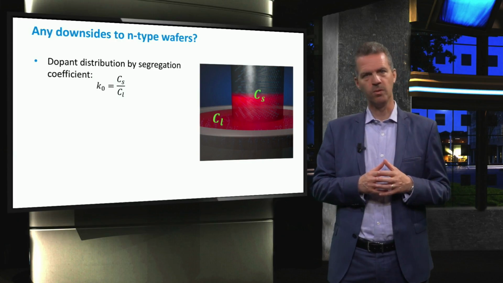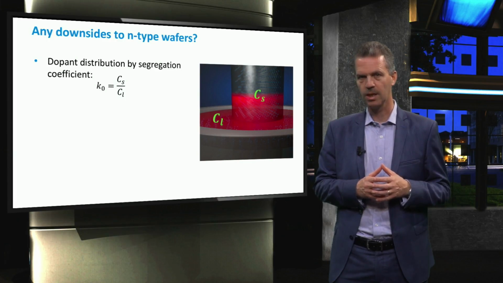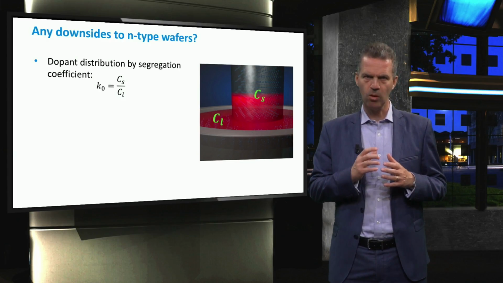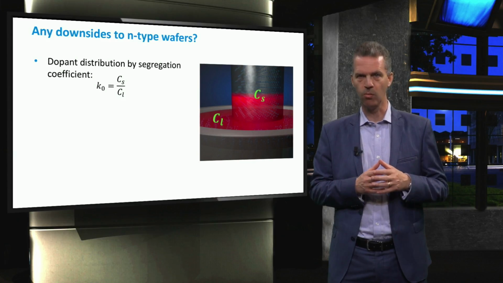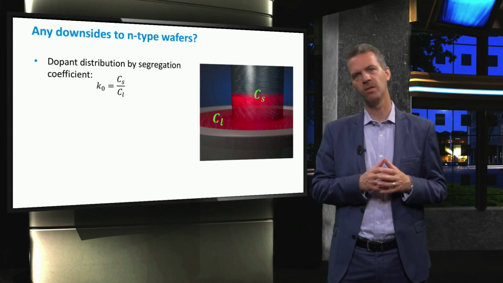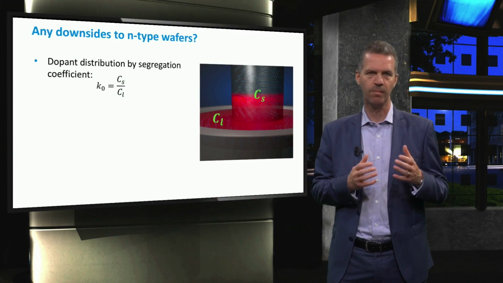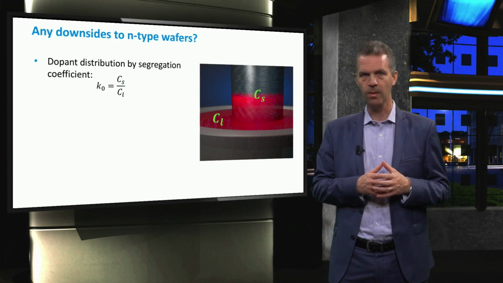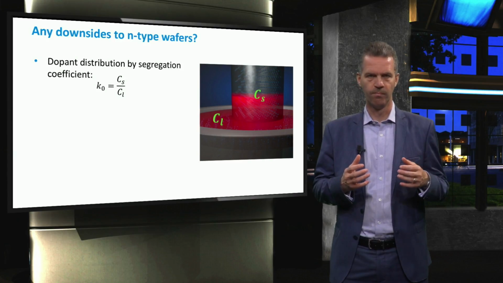The ratio between these concentrations is defined as the segregation coefficient K0. The value of this coefficient is smaller than 1 for most elements, meaning that dopant atoms are rejected back into the liquid phase, effectively increasing the doping concentration of the melt. For K0 equal to 1, the doping distribution in the crystal will be uniform.